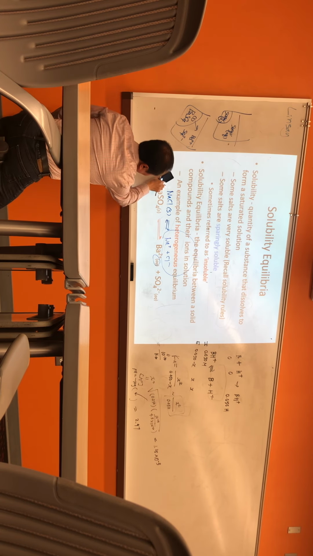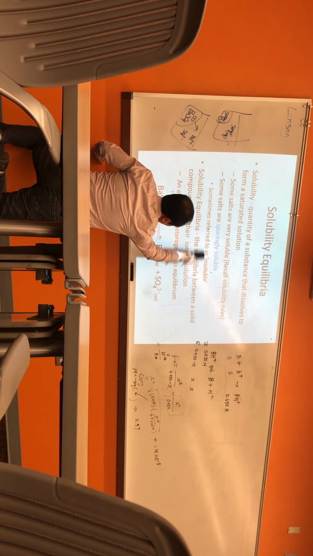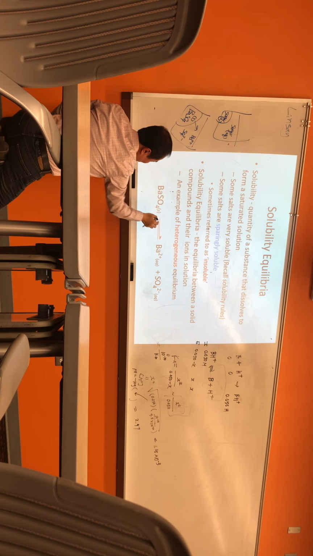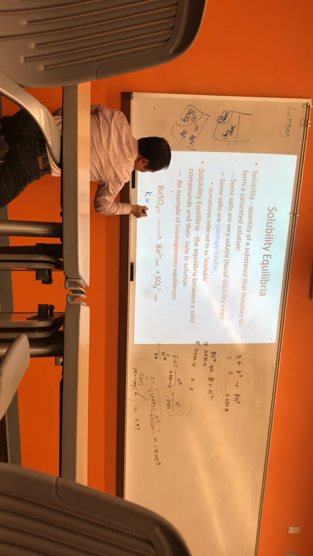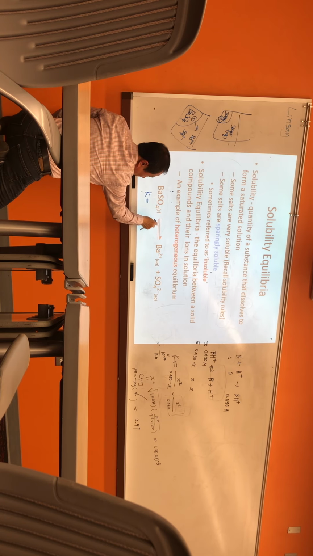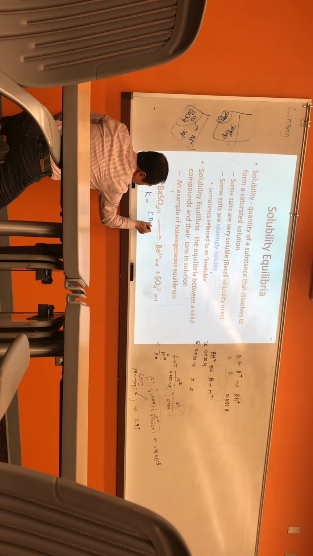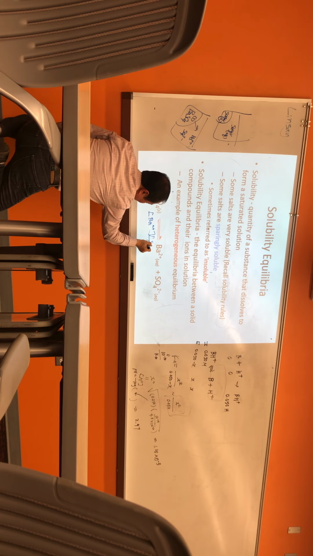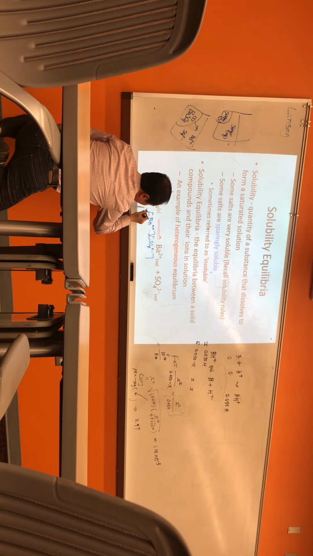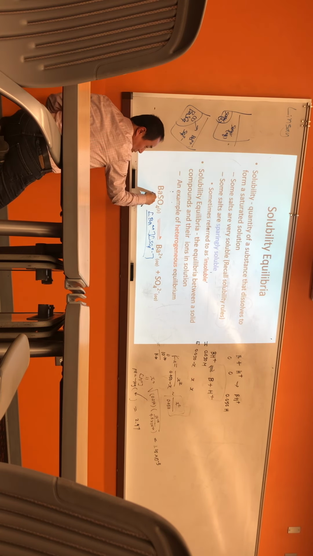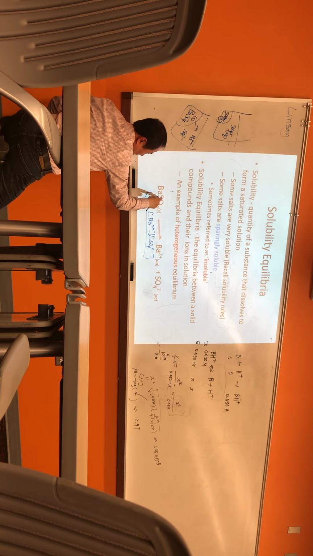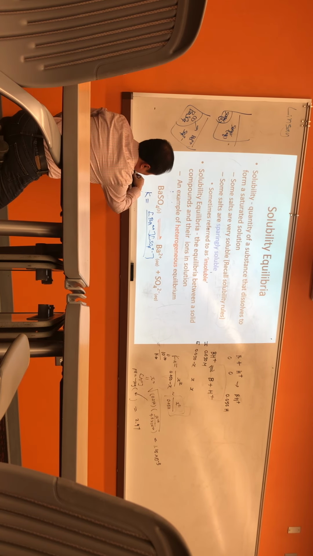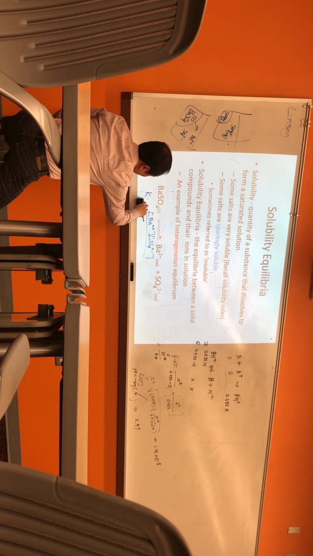Okay. And then, if you have a double arrow, we can define a K value because it means equilibrium. The product concentration over the reactant concentration, but the reactant is a solid, so you are not using it. And this is the equilibrium constant.